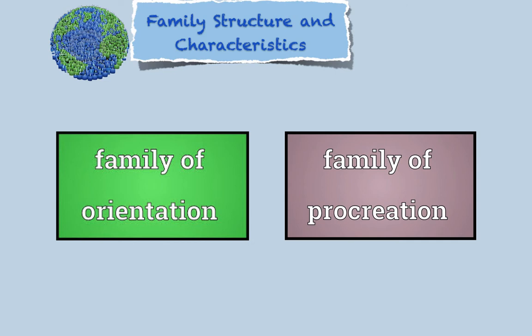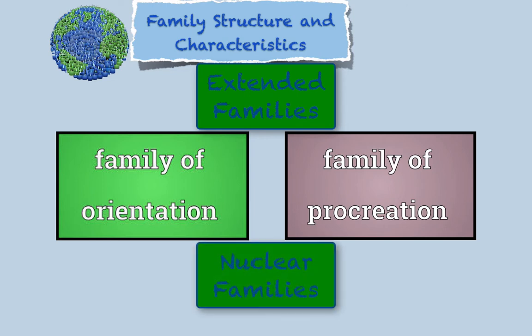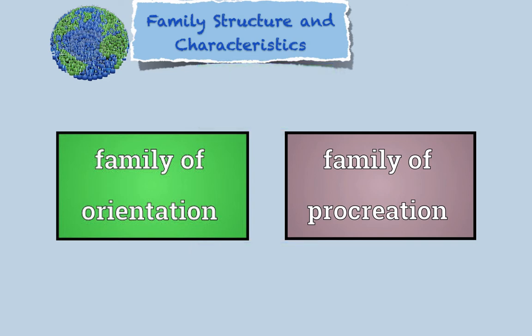Now there are two other forms of family we're considering under structure, and that is the extended family and the nuclear family. The extended family unit is composed of relatives in addition to the parents and children who live in the same household, whereas the nuclear family is composed of one or two parents and their dependent children, all of whom live apart from all the other relatives.